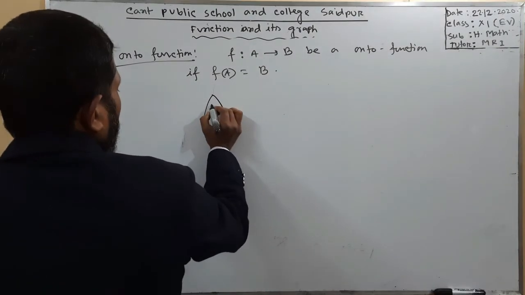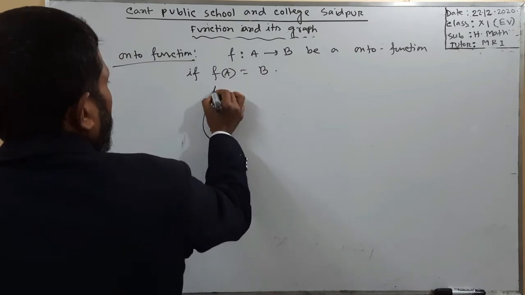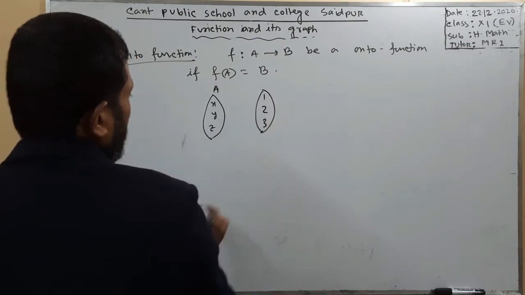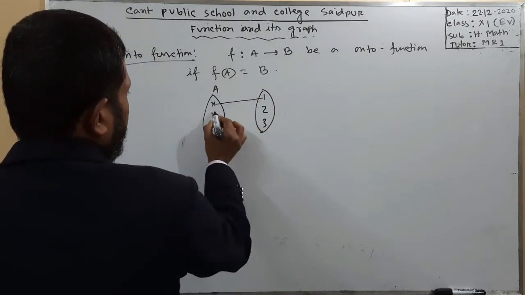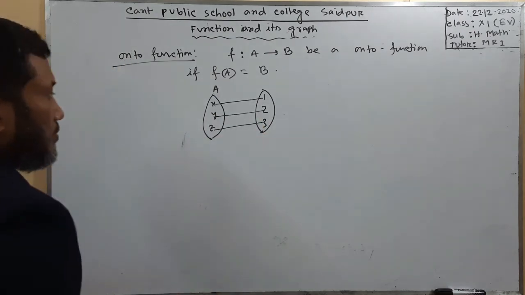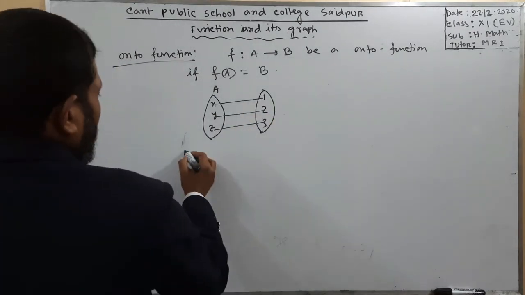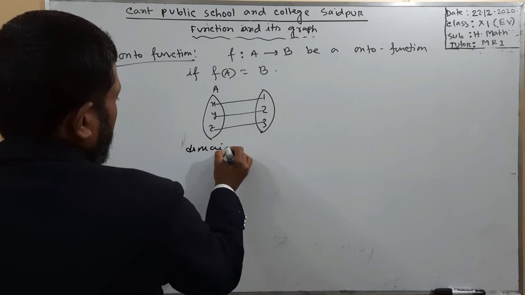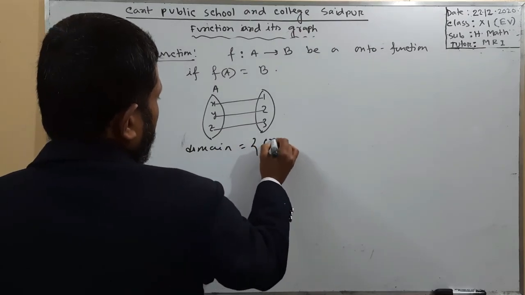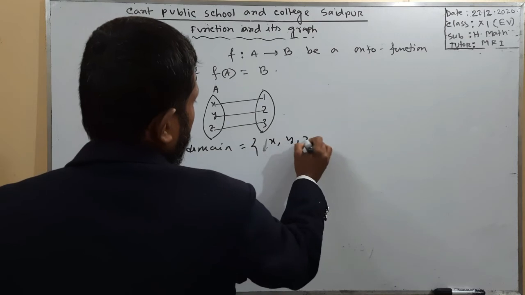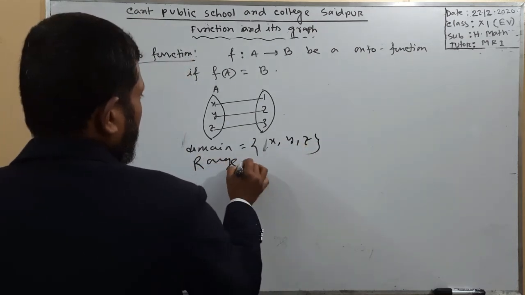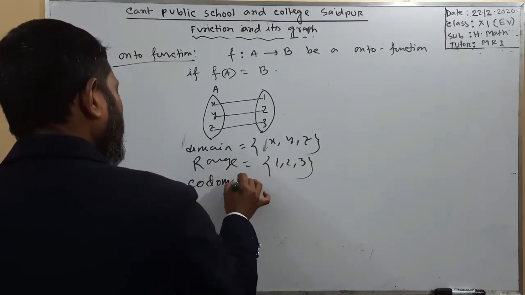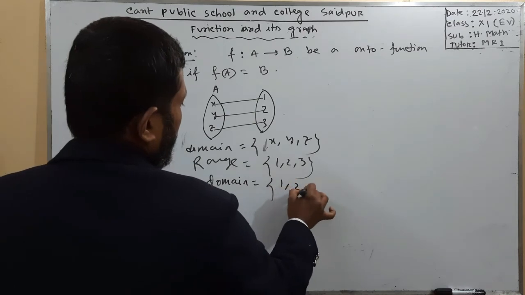So here A is x, y, z and B is another set 1, 2, 3. Here we see the domain x, y, z, the range 1, 2, 3, and the codomain also 1, 2, 3.